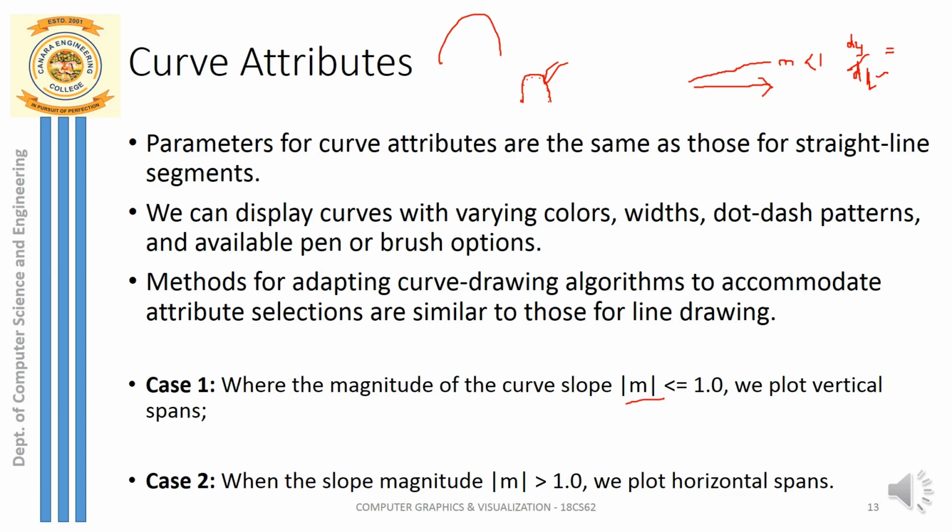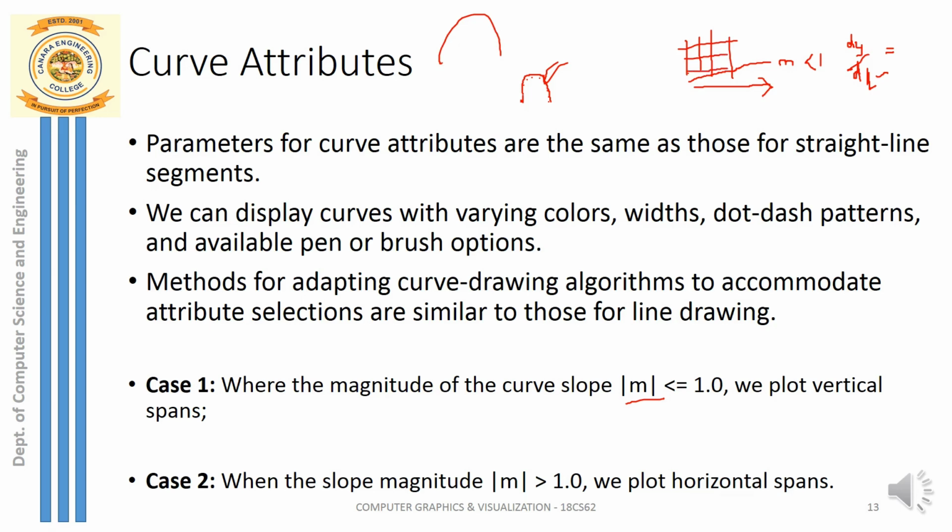Whenever the slope is less than 1, we start drawing the curve with the y values, in the sense that it is the vertical spans that you start drawing. What do you mean by a span? The entire screen or window I can represent in the form of a grid.